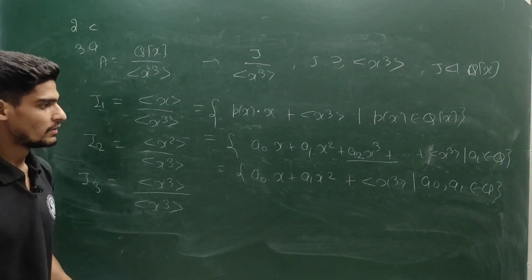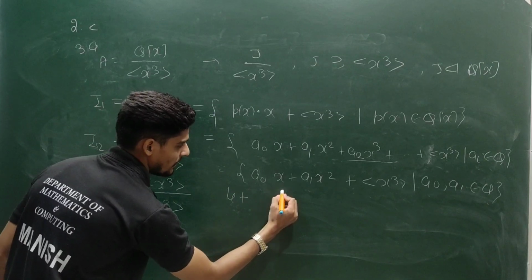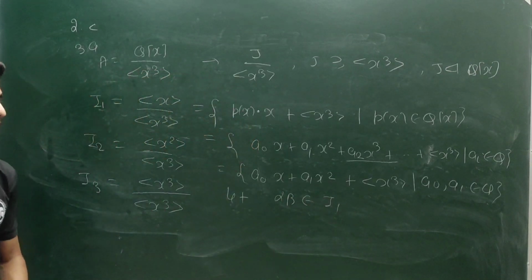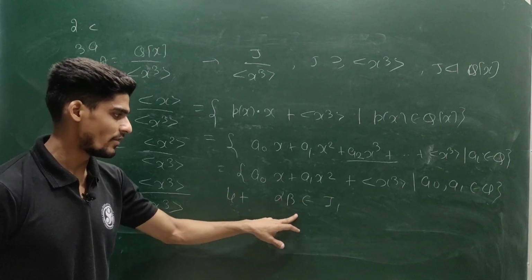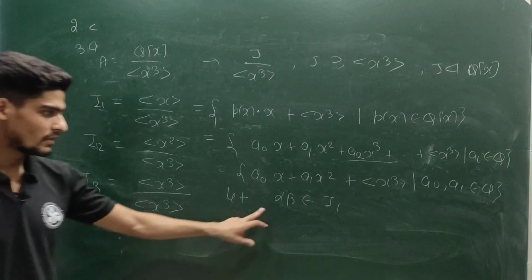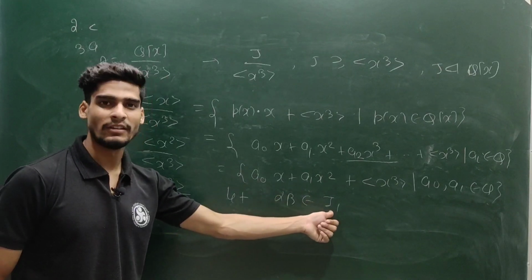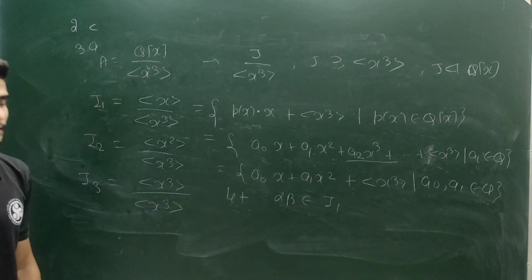Now suppose alpha, beta belong to this I1. So alpha will be of this form, and now alpha into beta is a member of this I1. And can I say either alpha is inside I1 or beta is inside I1?